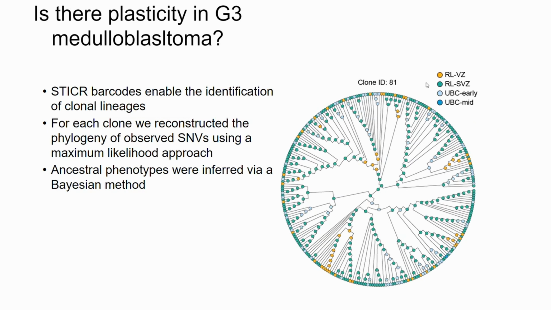Now, you only ever observe the leaves of the phylogeny, so you don't actually know the phenotypes of the ancestral cells from which those leaves were derived. But we can infer those using a Bayesian method, and that's what we've done here. We've inferred the phenotypes of intermediate cells within the lineage of this one particular clone, and then we can now ask different questions about this.